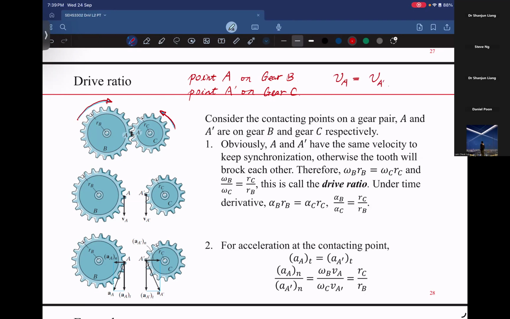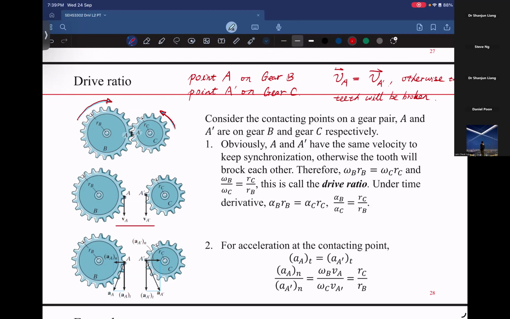These two velocities should have totally the same direction and the same magnitude. Otherwise, the teeth will be broken, all right? That's it.